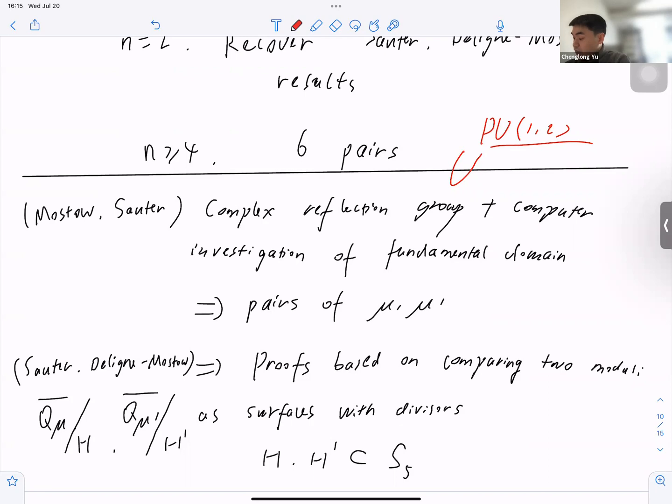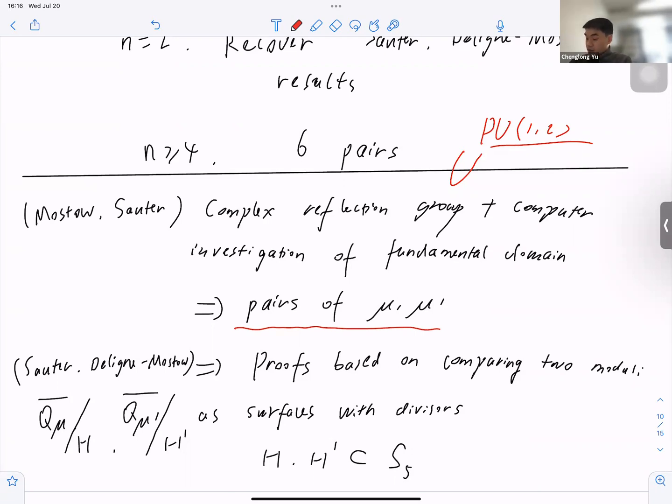He could find some description of the fundamental domain and use a computer. He found some interesting behavior of those fundamental domains, especially the boundary of those fundamental domains. And those similarities inside those fundamental domains helped him to conjecture some pairs of those mu that have commensurability relations.